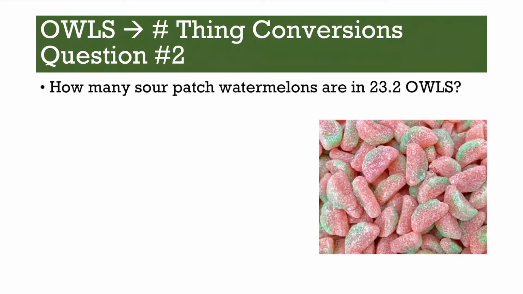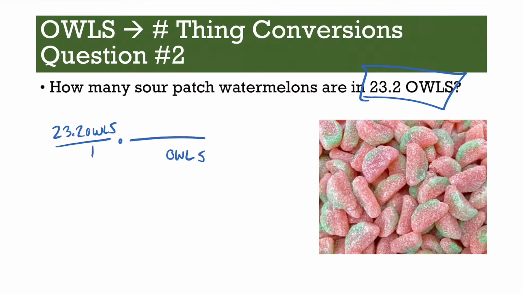How many Sour Patch watermelons are in 23.2 owls? So, still on the simple side, but harder to do in your head. So if we're starting with 23.2 owls, you put that over 1. You want owls to cancel, so you put it on the bottom. And we are looking for Sour Patch watermelons.